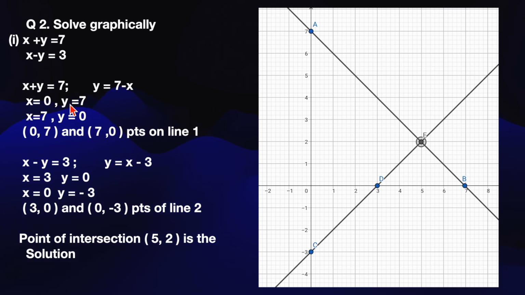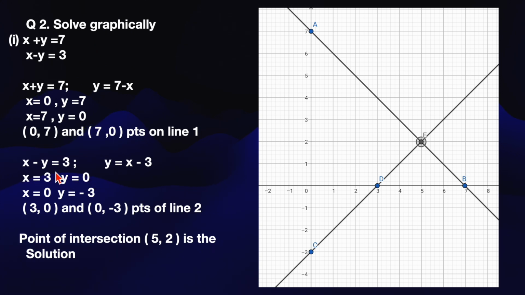Put x is equal to 0, you get y is equal to 7. And put x is equal to 7 here, you get y is equal to 0. Very simple points I am going to take. These are the 2 points. This is 7, 0 and this is 0, 7. You draw this line. This line is the first line, x plus y is equal to 7.